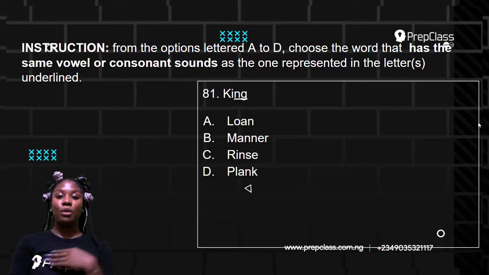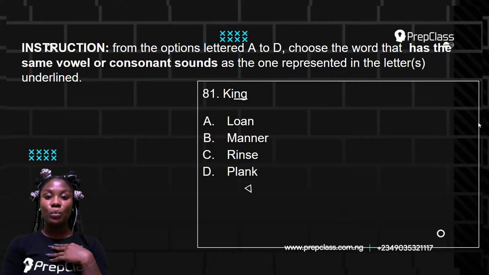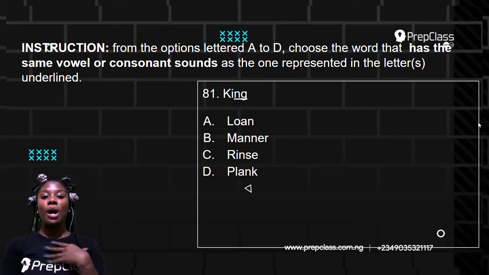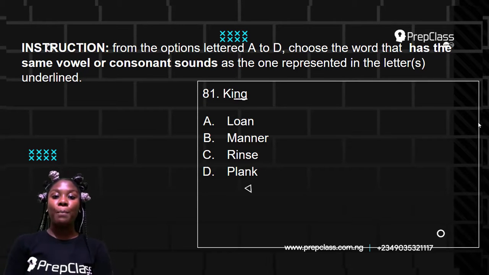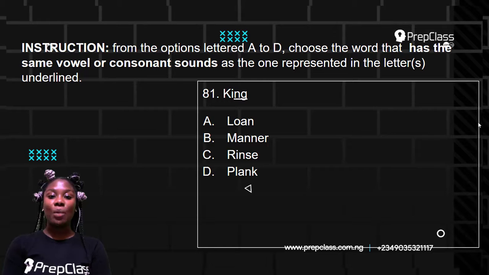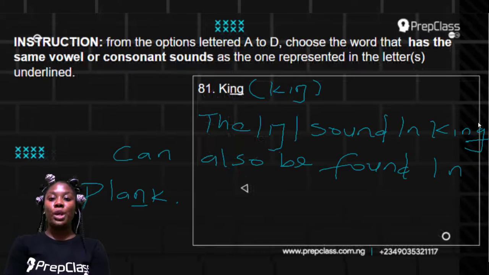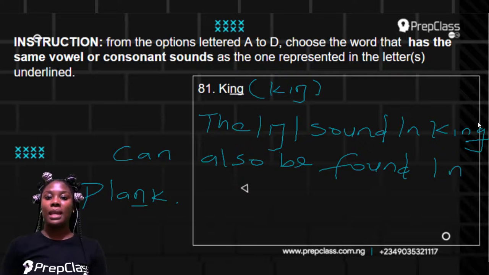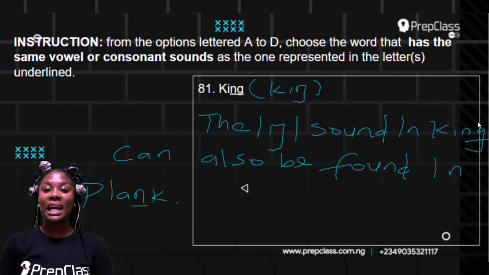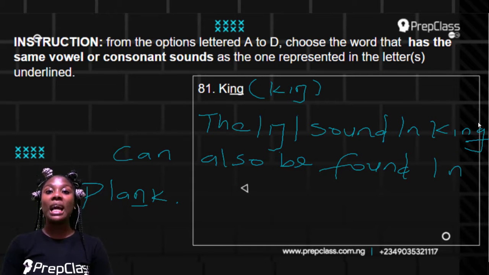So our 81st question, king. A, loan, B, manner, C, rinse, and D, plank. Which word has the same sound as king? The sound in king can also be found in plank.